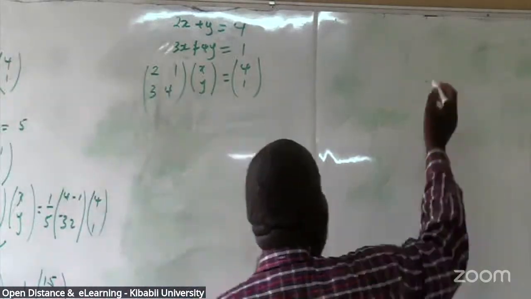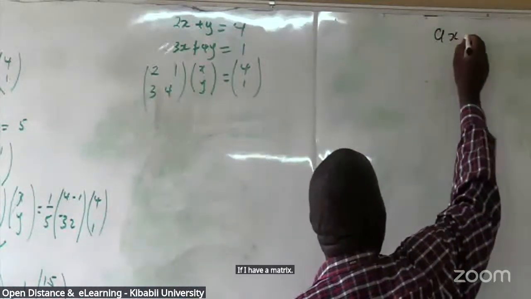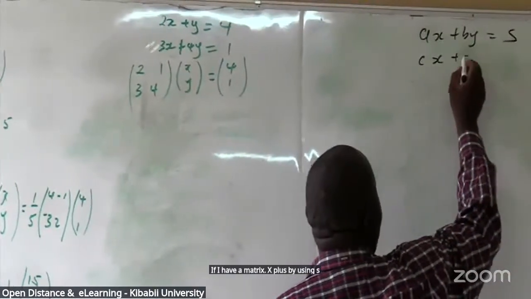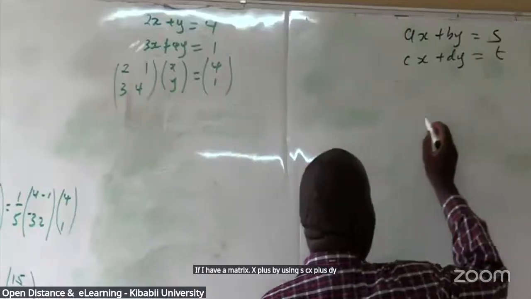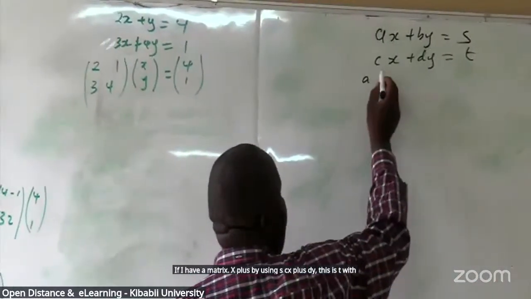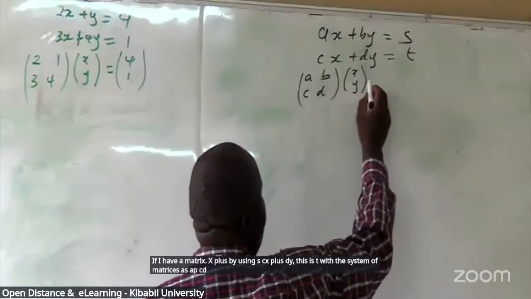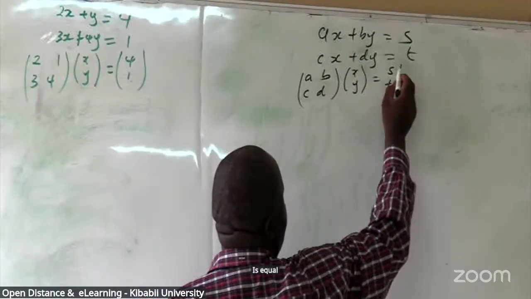If I have a system, ax plus by is equals to s, cx plus dy is equals to t, with the matrix of coefficients as a, b, c, d, then x, y is equals to s, t.